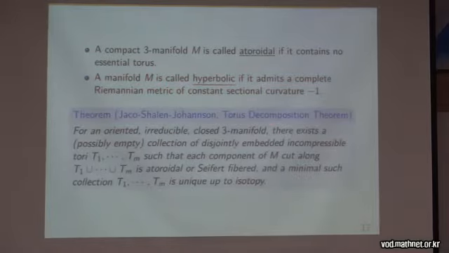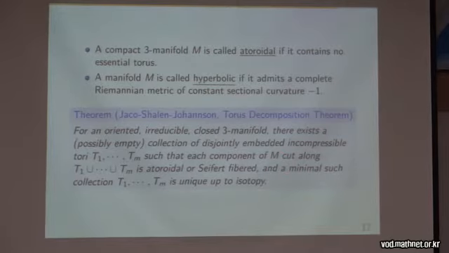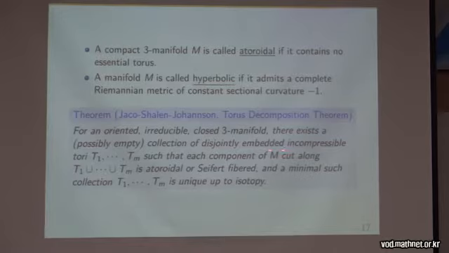The torus decomposition theorem says that any oriented irreducible closed manifold, or one with toroidal boundary, can be split into atoroidal or surface fibered pieces cut along tori. These tori are disjoint, embedded, and incompressible, and incompressible in most cases can be replaced by pi_1-injective.